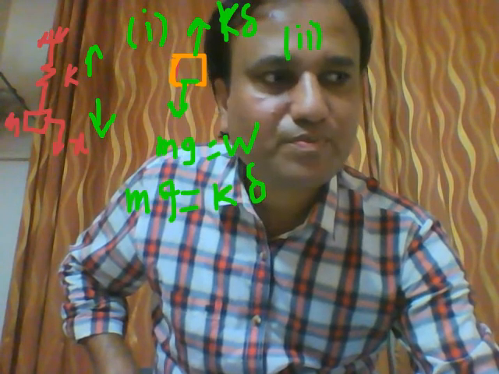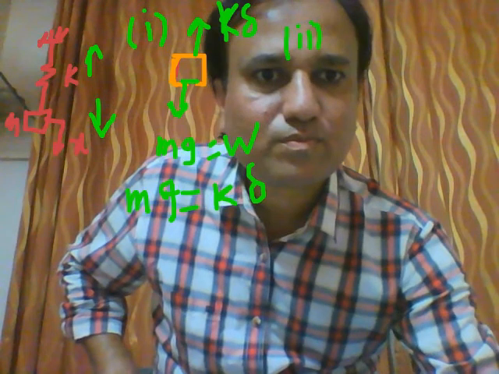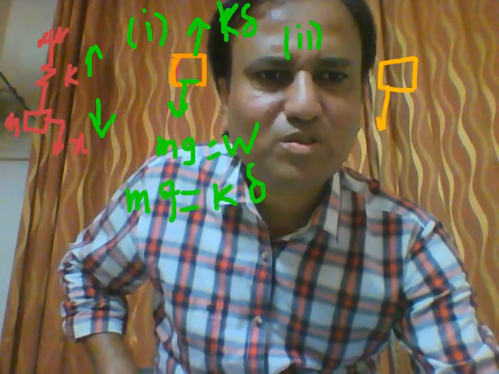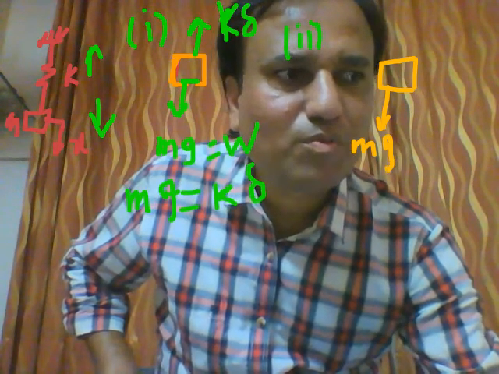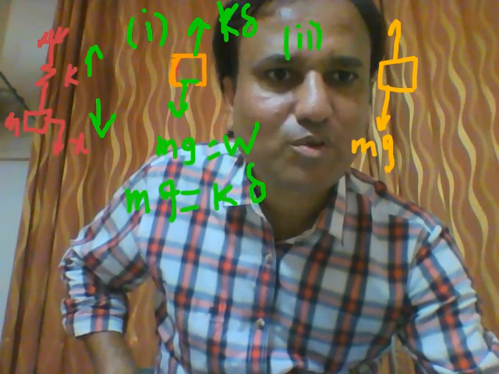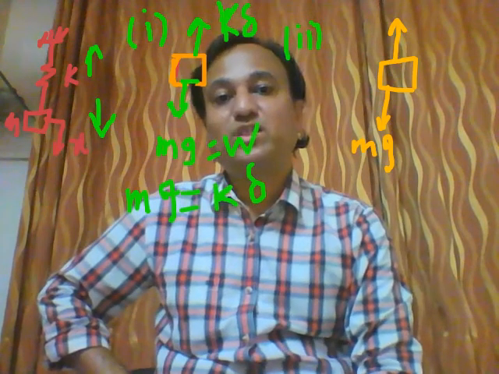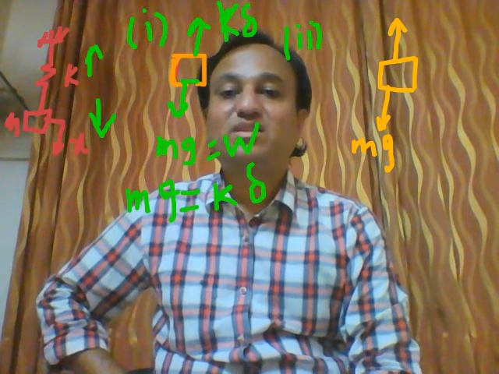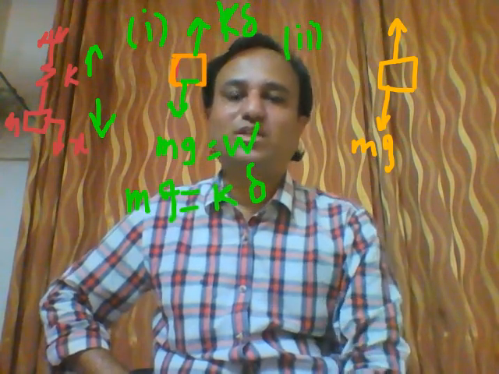So FBD, same downward force will be mg, upward force spring force. Now mass is moving, so spring will resist the motion of mass, okay? So spring force in upward direction.